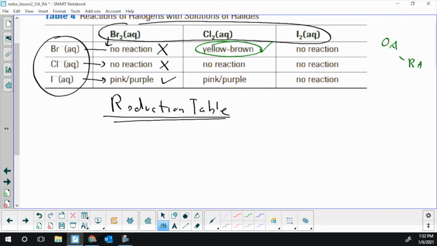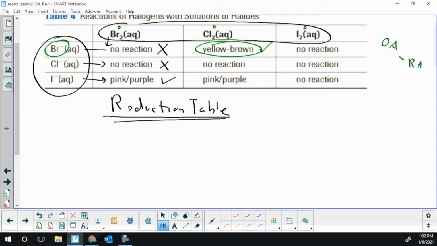If you flip to page 7, it tells you whether they're OAs or RAs, or you can use the charges if they're not in the table. These are all neutral. And bromide is minus.